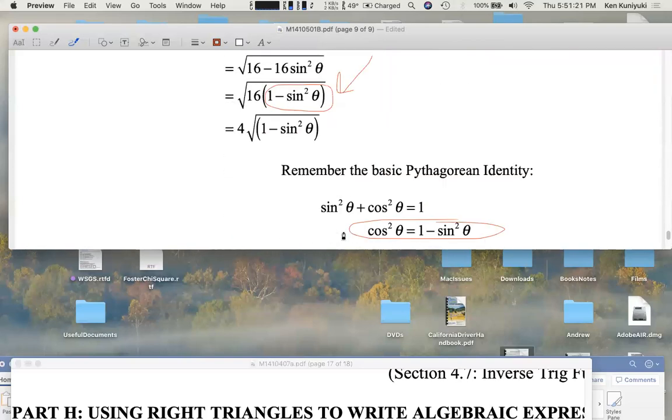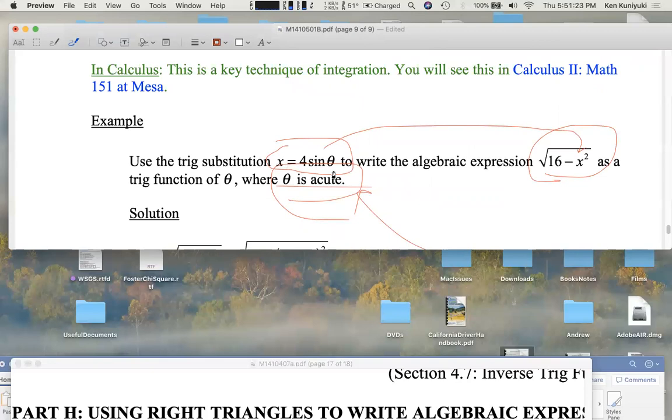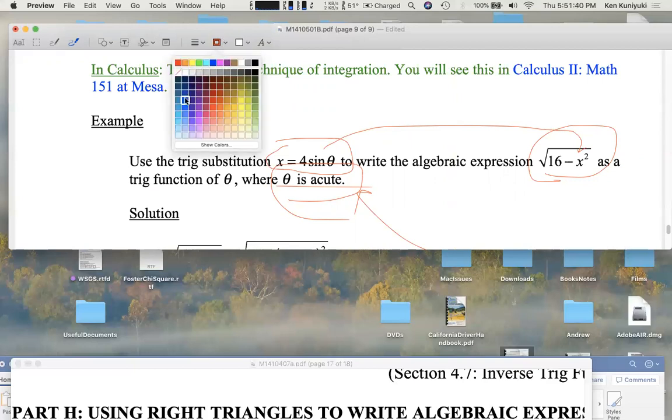Now I want to show you something else. So here's our trig sub, x equals 4 sine of theta. So how can we express theta itself? Well, if x equals 4 sine of theta, we can divide both sides by 4. I'll do this in blue.